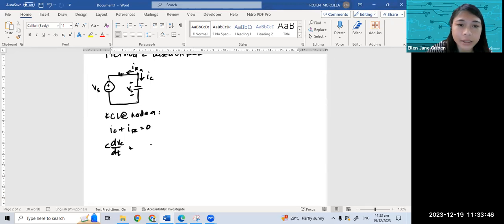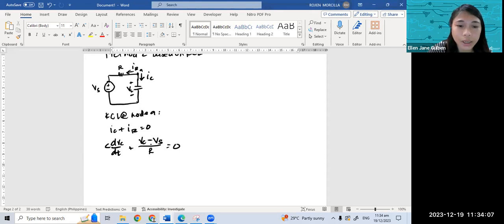IR here is based on the two voltages, VC minus Vs divided by R, is equal to 0.